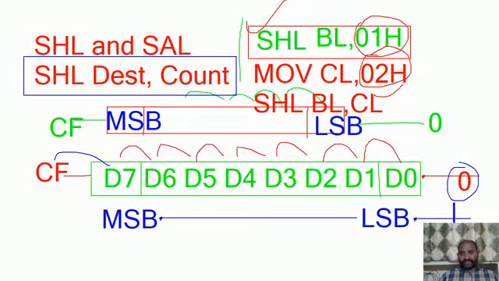I think you are unable to see, so that's why I'm writing over here. It is going to be filled with 0. But this MSB is falling into where? It is going to fall into the CF register, that is the CF flag, which is a carry flag. This is the syntax for the SHL and SAL. Both instructions are used to perform the shift to left operation by count number of times.